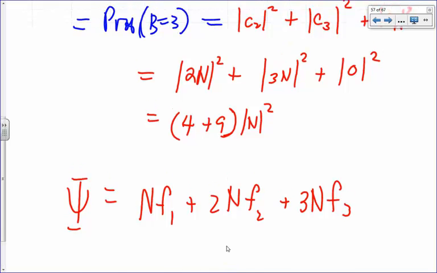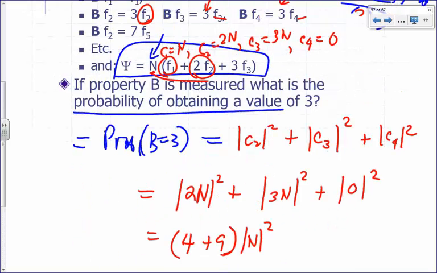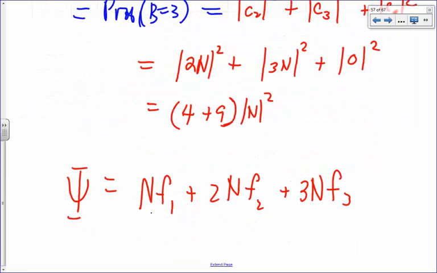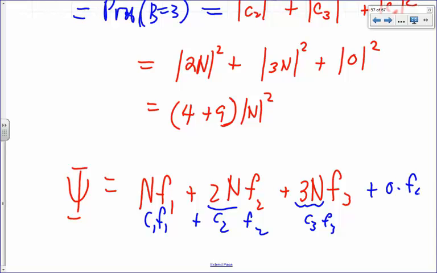I'm just distributing my N. So that is c1 f1 plus c2 f2 plus c3 f3 plus 0 times f4, so c4 is 0.